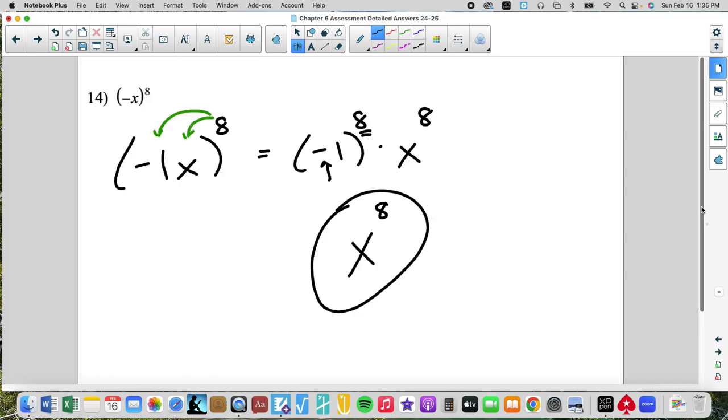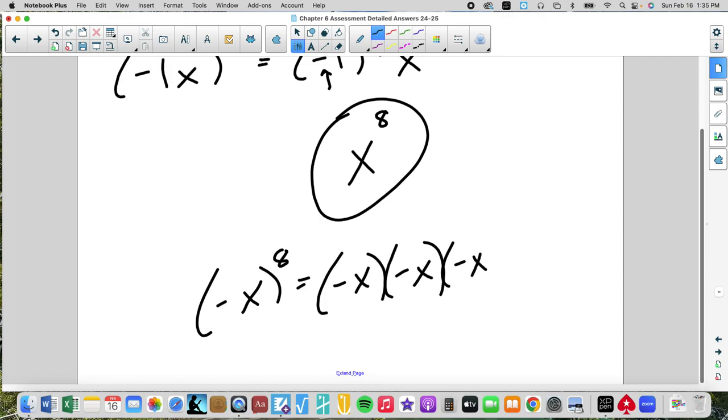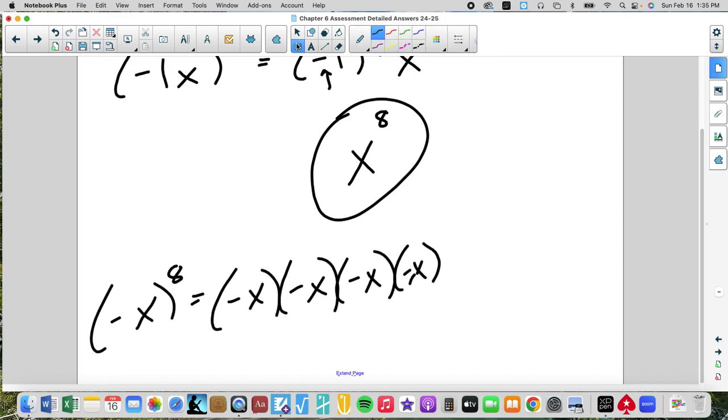Somebody did this. This is not necessary. This was negative x to the 8th. Somebody wrote negative x times negative x times negative x times negative x. Wrote it 8 times. Okay, it's not the most efficient, and you're telling me that you don't understand what we're learning this month, but this is why we don't do this.